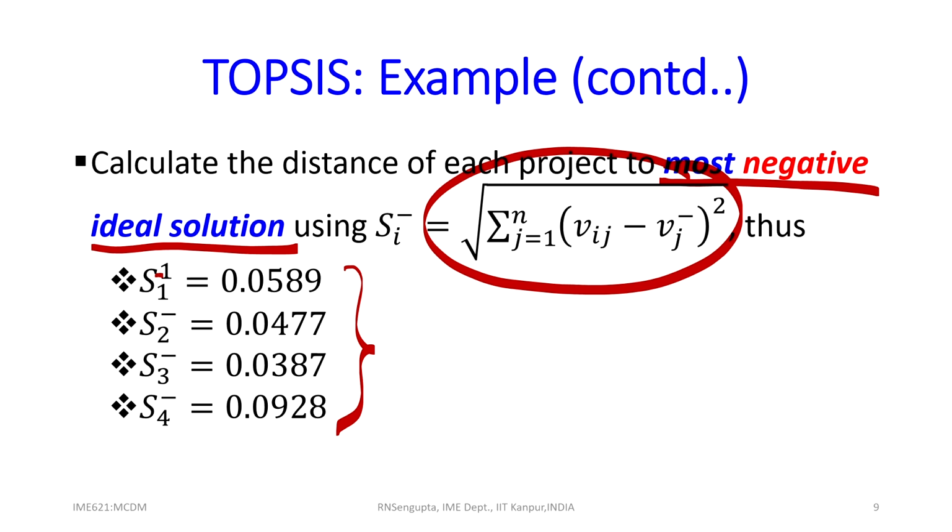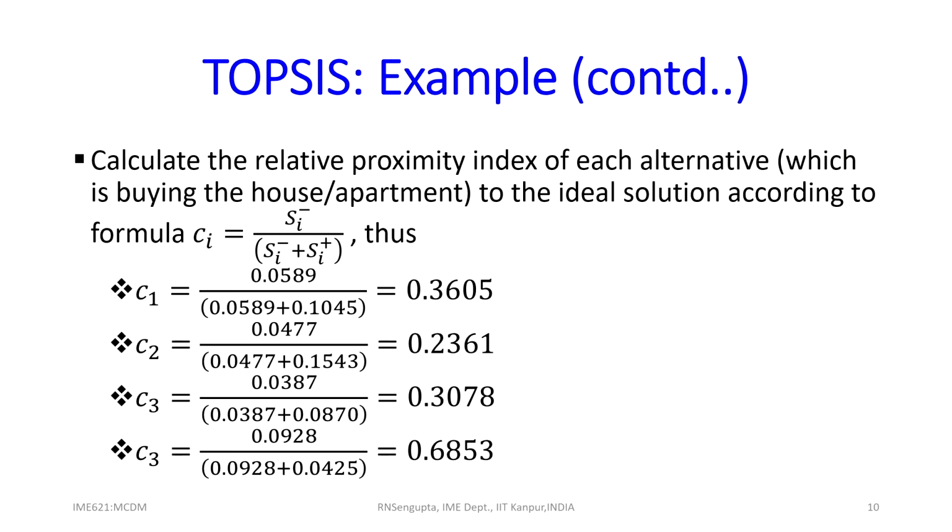Now, what do I do with that? Based on that, we need to find out the relative proximity index for each alternative, which was the problem of buying an apartment based on those criteria. First, I am finding the relative proximity based only on the negative solution.